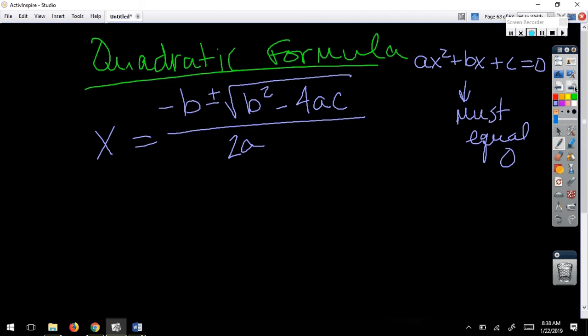So let's say I have 4x squared plus 4x plus 1 equals 75. And I have to solve that. It says to solve by quadratic formula, so I'm going to use it. But if you were to divide everything by 4 whenever you start, you're already getting into trouble.